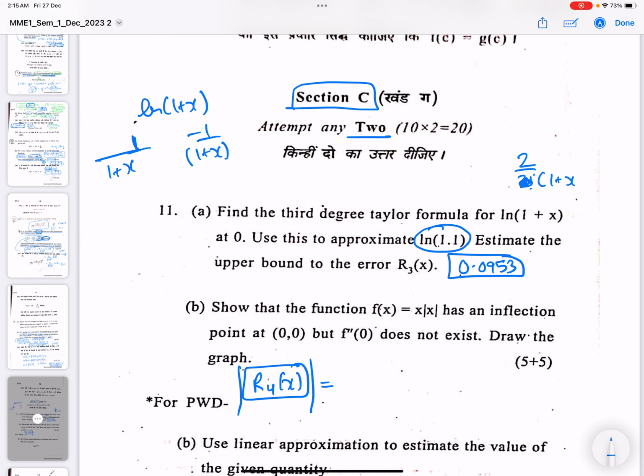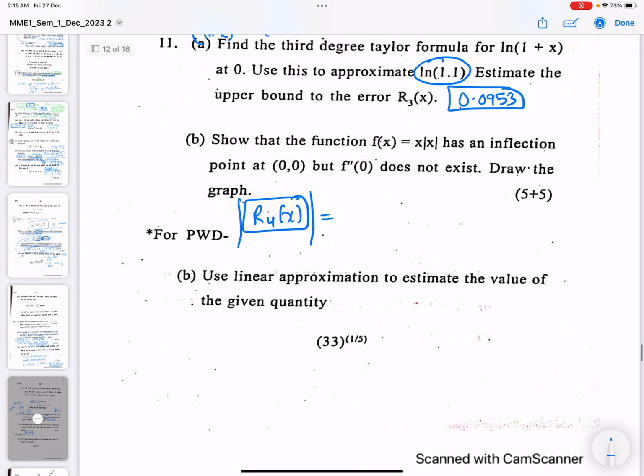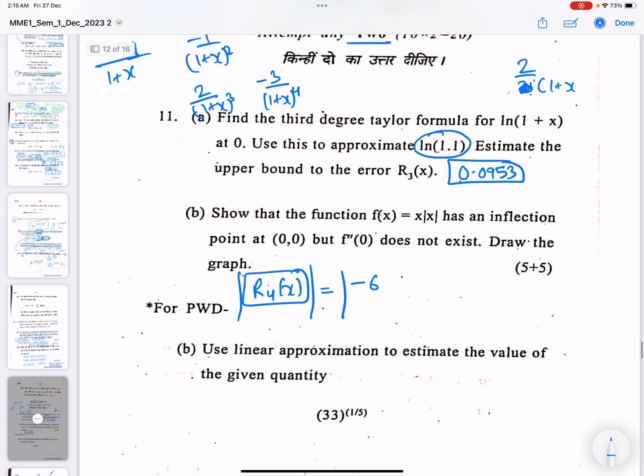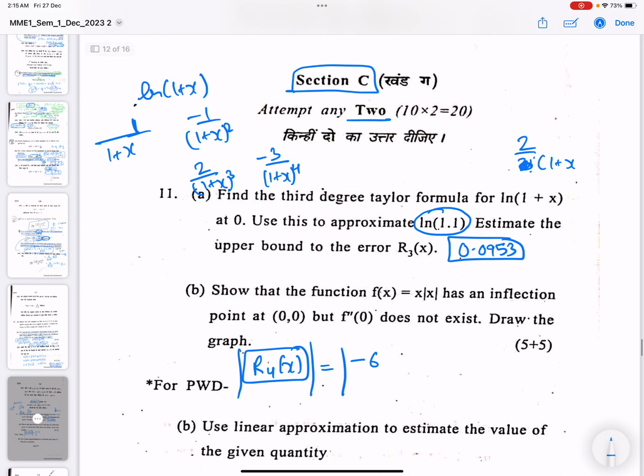The next derivative would be 2 upon (1 + x) cube. The next derivative would be minus 3 upon (1 + x) to the power 4. So this remainder would become minus 6 times. This would be minus 3 into 2, because this is already there. So minus 6 times.